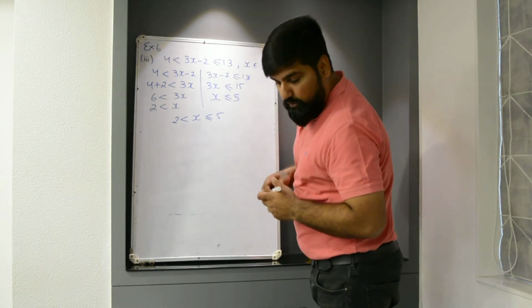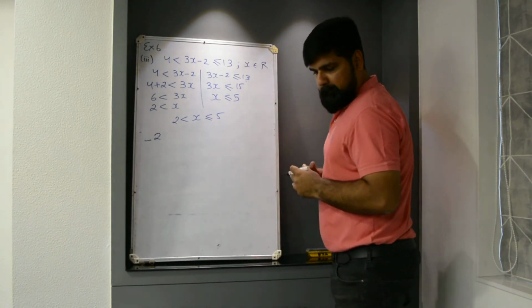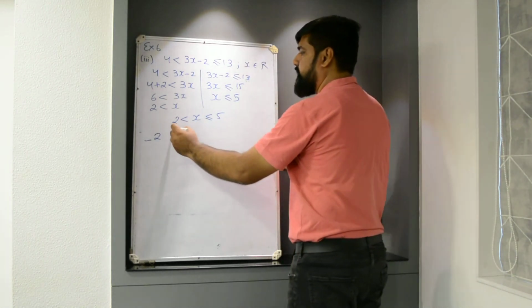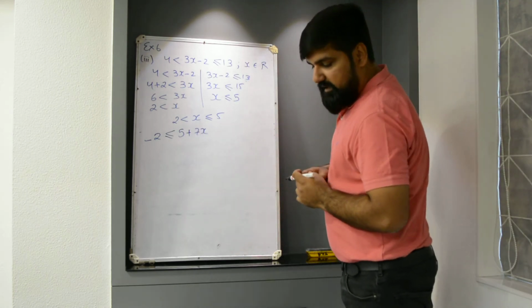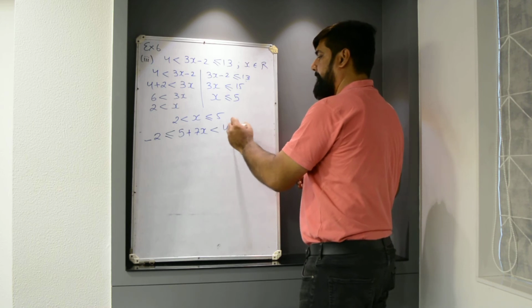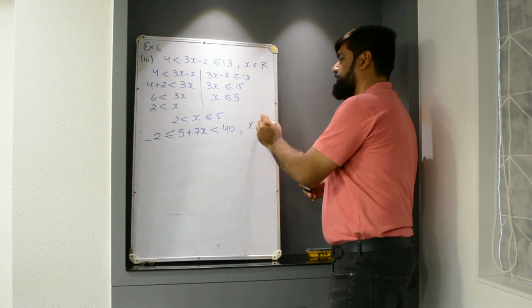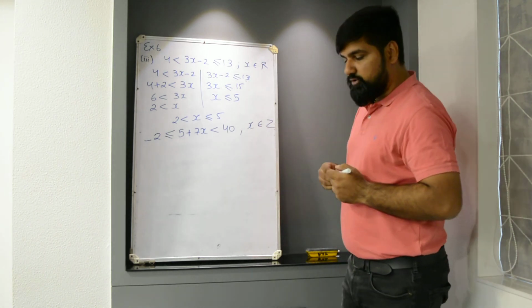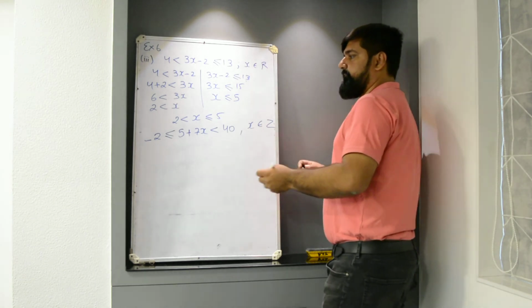The second given to us in the same question is minus 2 is less than or equal to 5 plus 7x, which is less than 40, and x belongs to integers. Okay, so again we need to solve it.